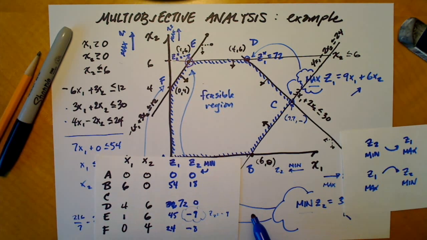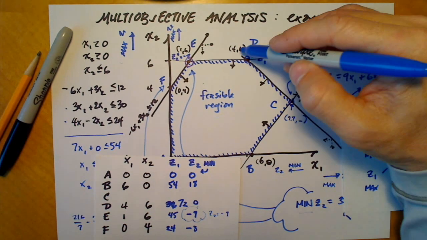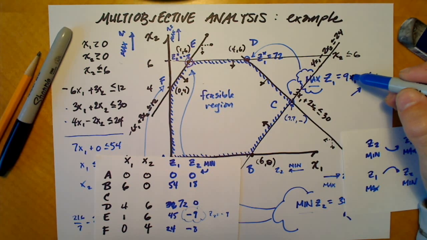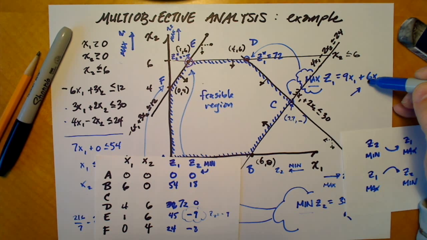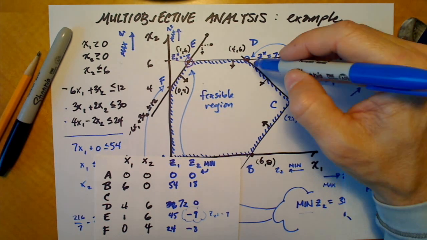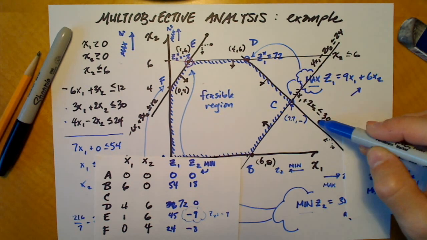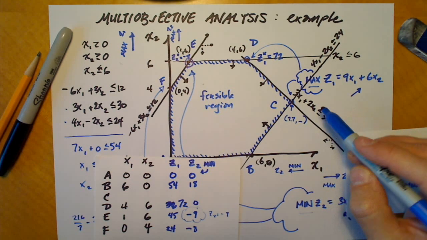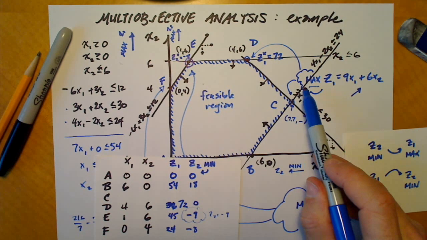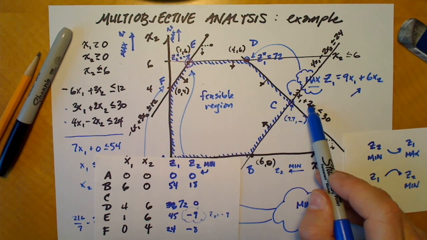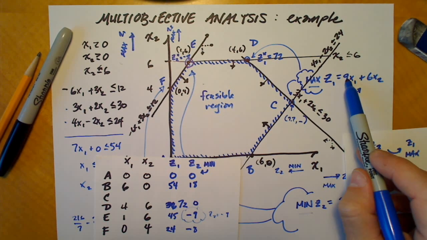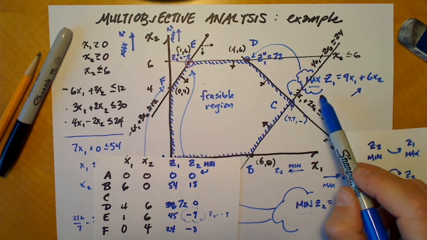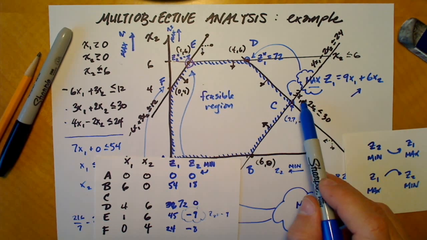There's a reason that I say that. The slope of the Z1 line is determined by the ratio of 9 to 6. The slope of this constraint line, the 3x1 plus 2x2 less than or equal to 30, is determined by the ratio of 3 to 2. And guess what? 9 to 6 is a ratio of 3/2. They're the exact same slope.